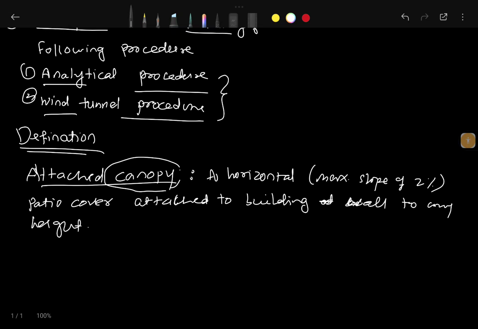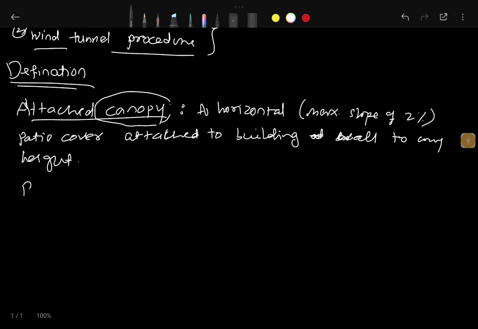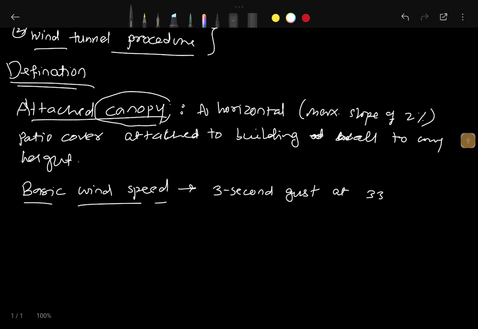Basic wind speed. How do we calculate the basic wind speed? For this basic wind speed, we consider a 3-second gust speed at a height of 33 feet or 10 meters above ground.